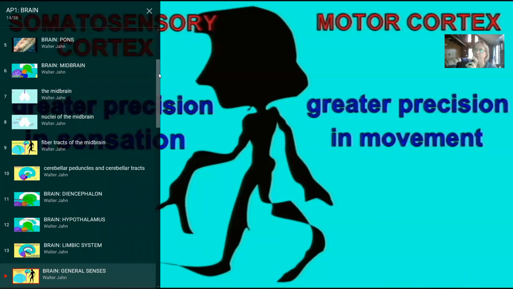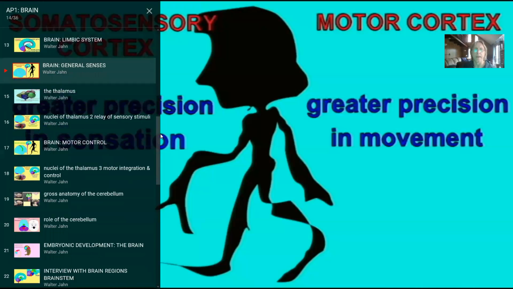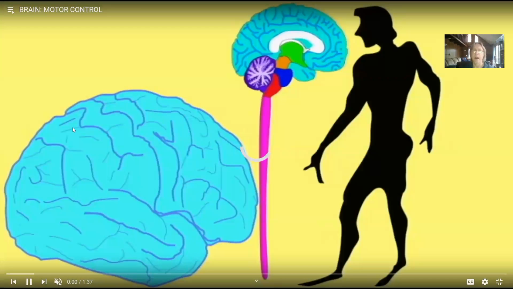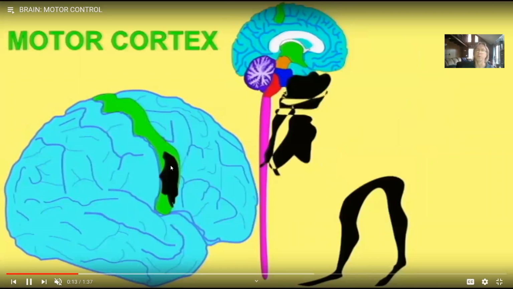We have great precision of our control with facial muscles, or the fingertips, as compared to, say, the muscles of the back or the calf. So the precentral gyrus, this motor cortex, that's in front of the central sulcus, that's where, once again, we are going to initiate motor commands.